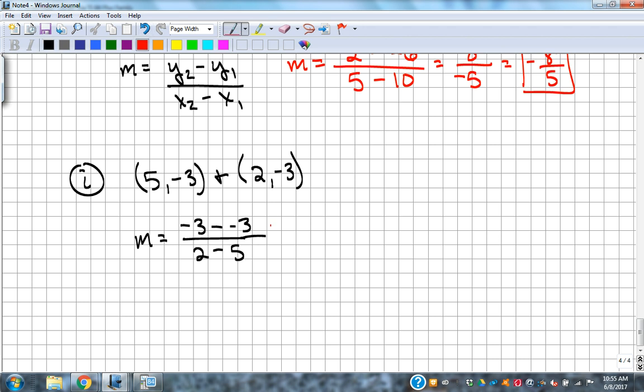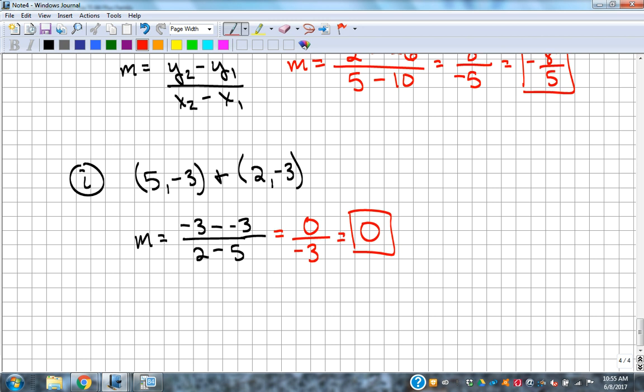What do we end up with on the top here? -3 minus -3 ends up being what? 0. And then 0 divided by anything is 0. What kind of line has a 0 slope?